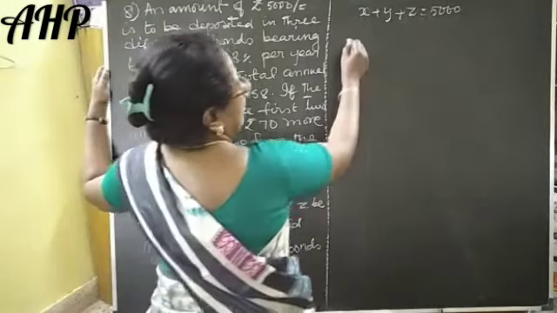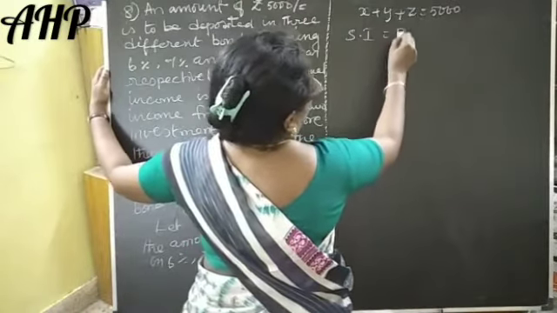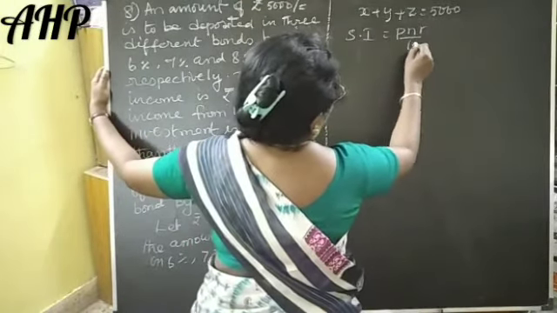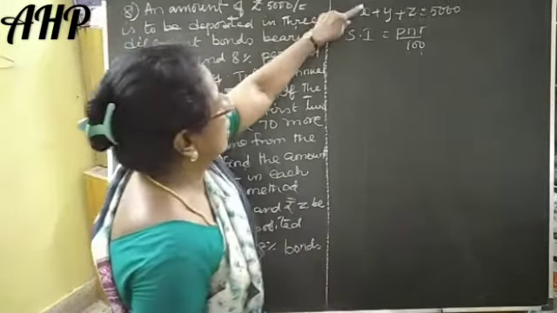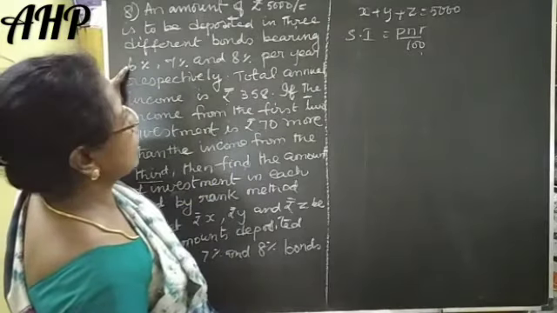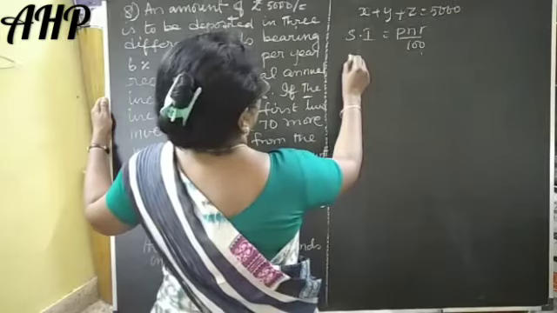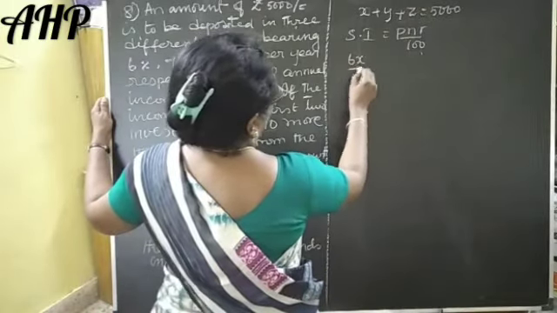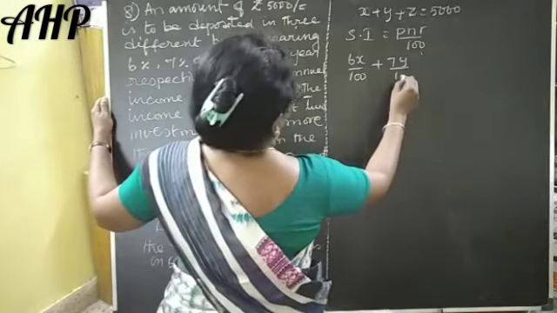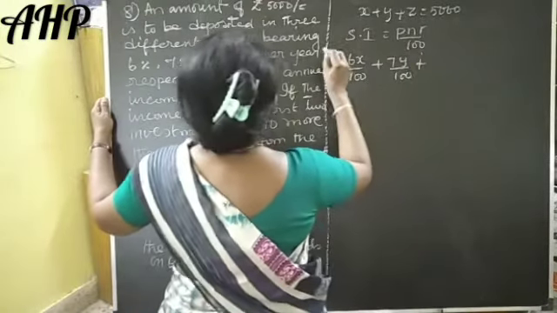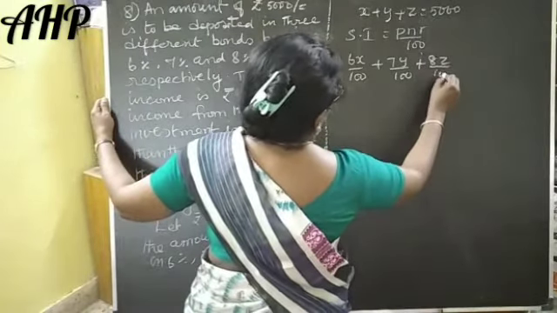Secondly, it is speaking about the rate of interest. We know that the simple interest formula is PNR by 100. So the first principal is x, number of years is 1, rate percent is 6. Therefore, here we get 6x by 100 plus 7y by 100 plus 8z by 100.